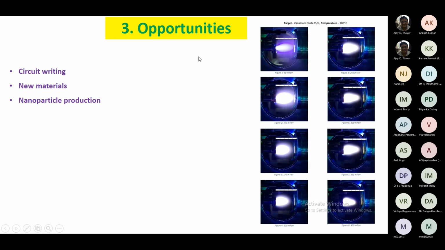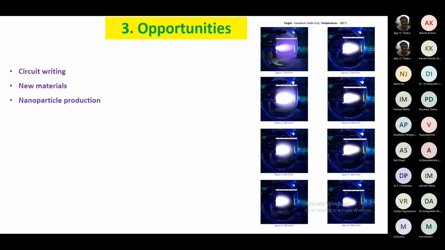As an opportunity, we can mention that if we have a very small circuit design, and by using proper masking, we can do that circuit writing, because of this localized deposition. And as already mentioned, new materials can be found using the tunable parameter change inside the vacuum chamber. And nanoparticle production is a very important thing.